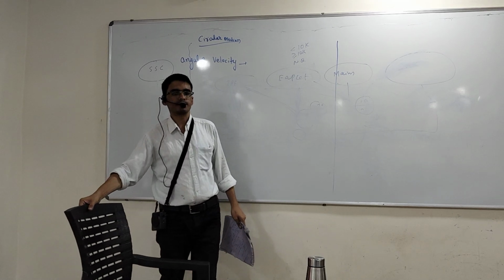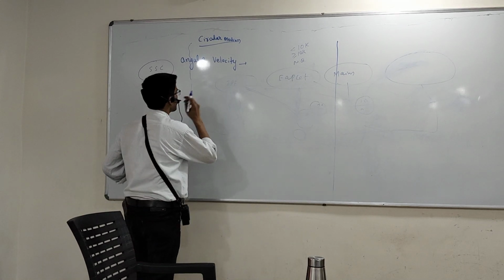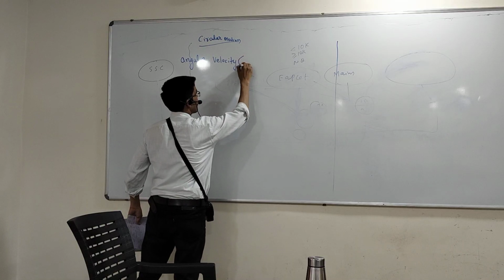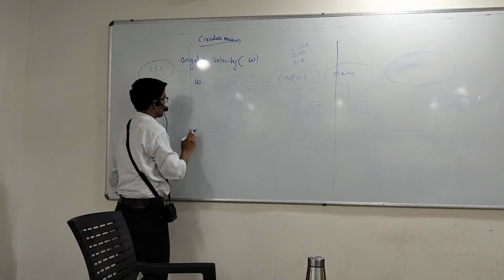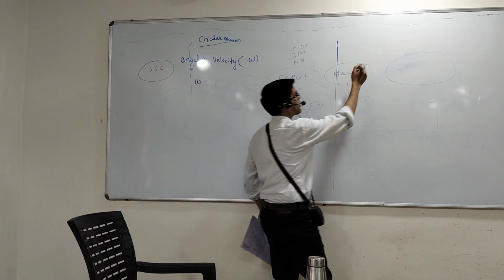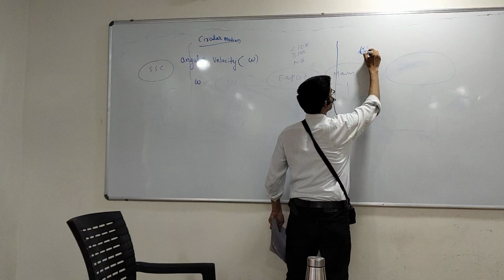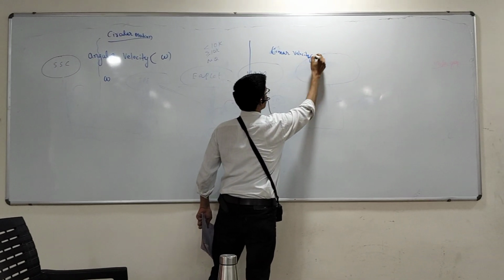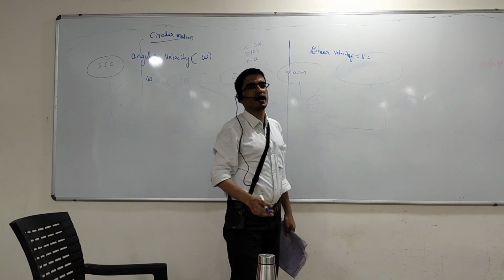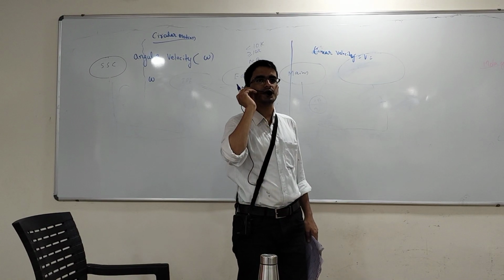Angular velocity is denoted by omega. Now tell me first, how can we write linear velocity? Linear velocity is called v, and v equals change in displacement upon change in time.